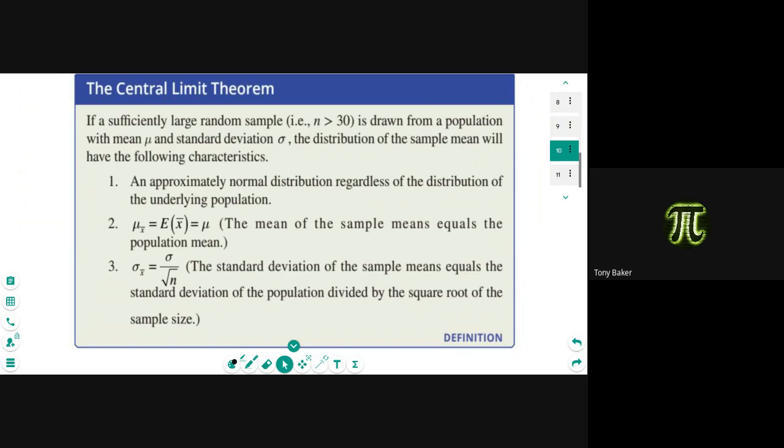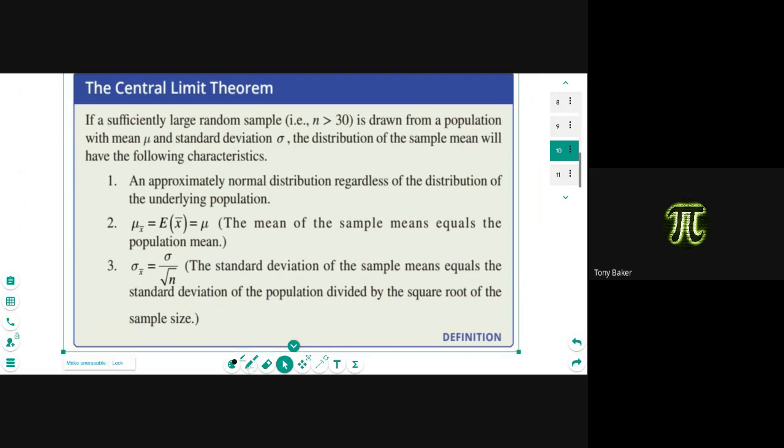And the standard deviation of the sample equals the standard deviation of the population divided by the square root of however many we're looking at. So my standard deviation for the sample is going to be the standard deviation divided by the square root of the number of people. Out of all the formulas you need to remember or use, that's the one you're going to need to write down. That's the one we're going to be using.